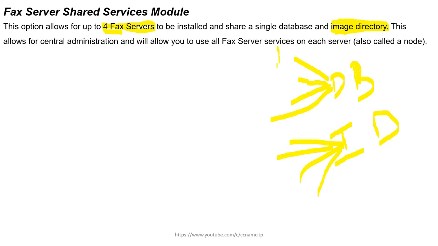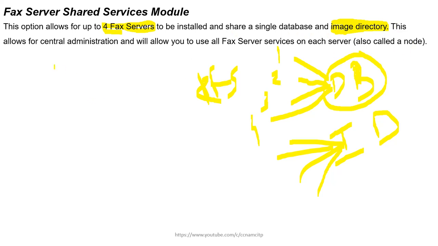So 1, 2, 3, 4 RightFax servers can access a single database, or one database can be shared with 4 fax servers. Similarly, one image directory can be shared with 4 fax servers, or they can be installed to share a single database and a shared image directory.